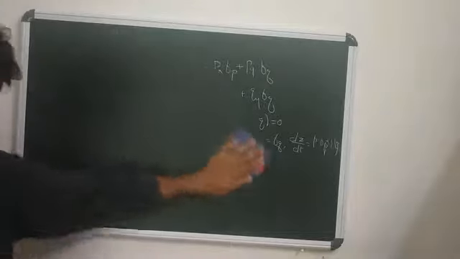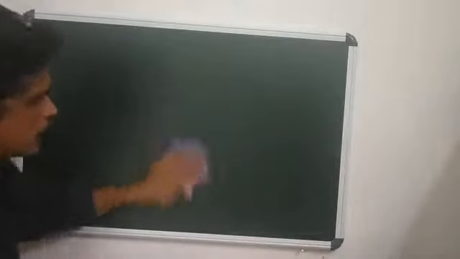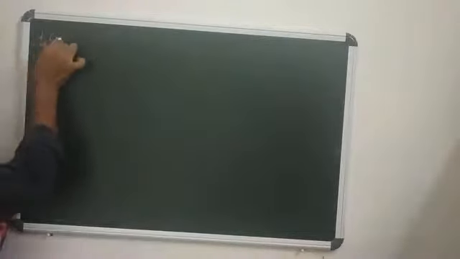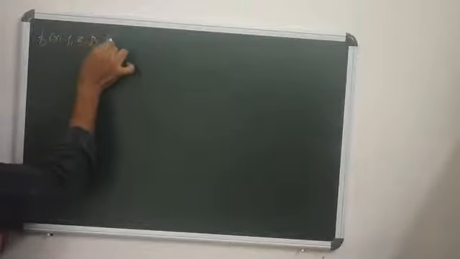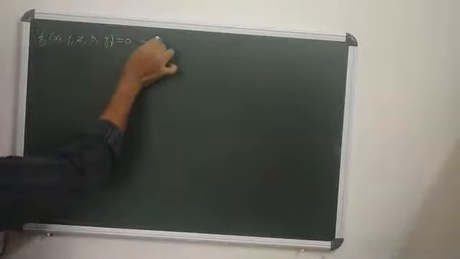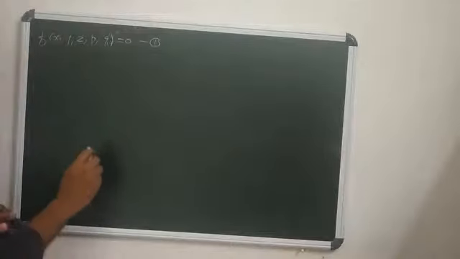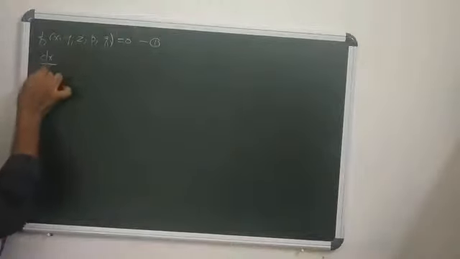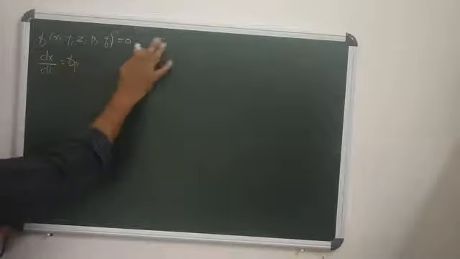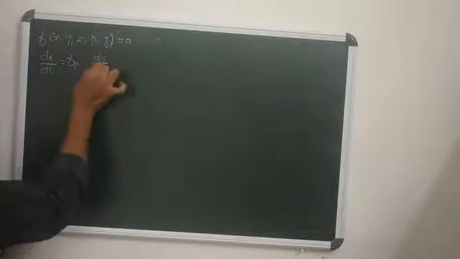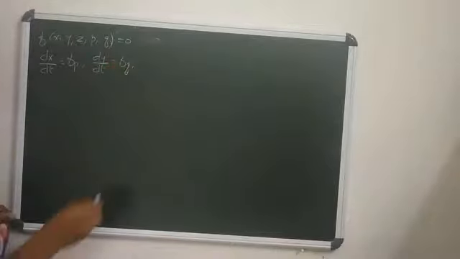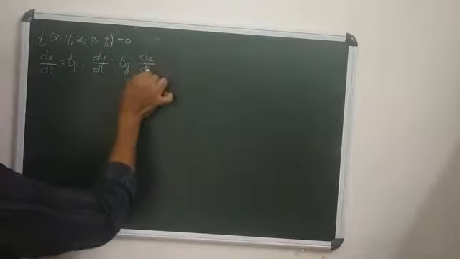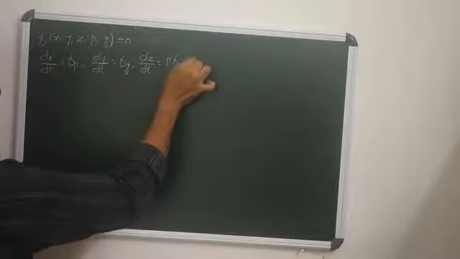Clear? Now there is a characteristic strip, a solution to all of these equations. Now we consider the equations. First equation, f of x, y, z, p, q equals 0. Then the next one is dx by dt equals fp, dy by dt equals fq, dz by dt is p fp plus q fq.